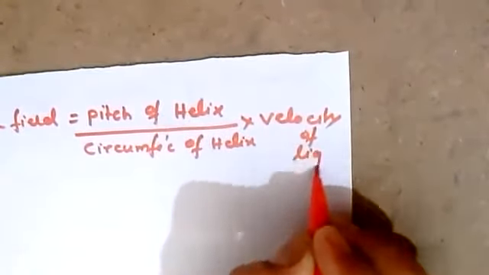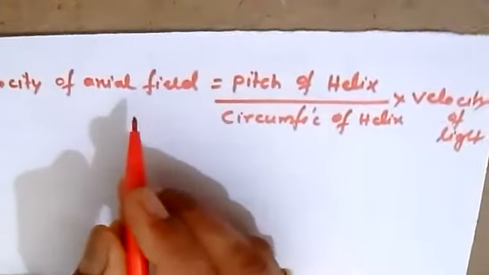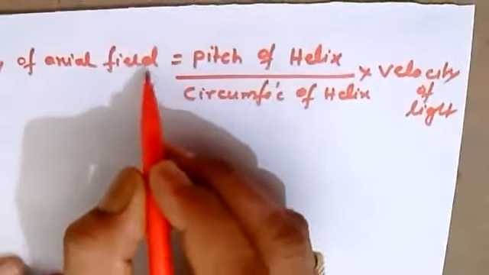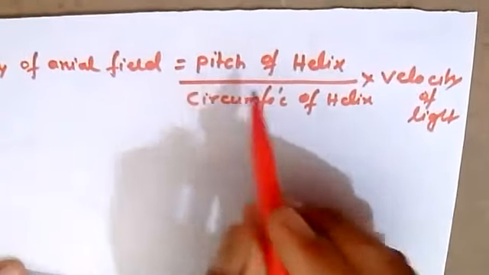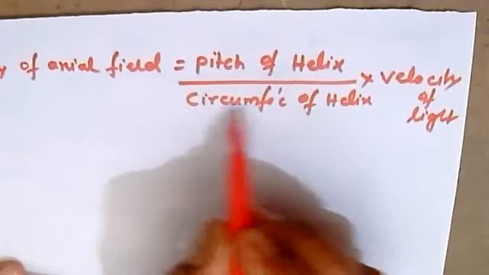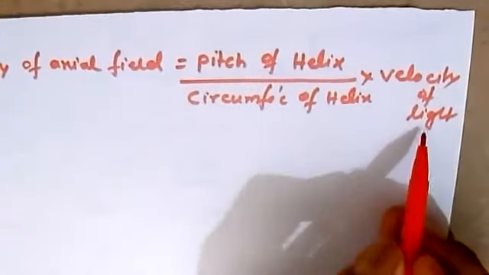This is the expression to calculate the velocity of the axial field produced in the slow wave structure, given by the pitch of the helix to the total circumference of the helix into the velocity of light.